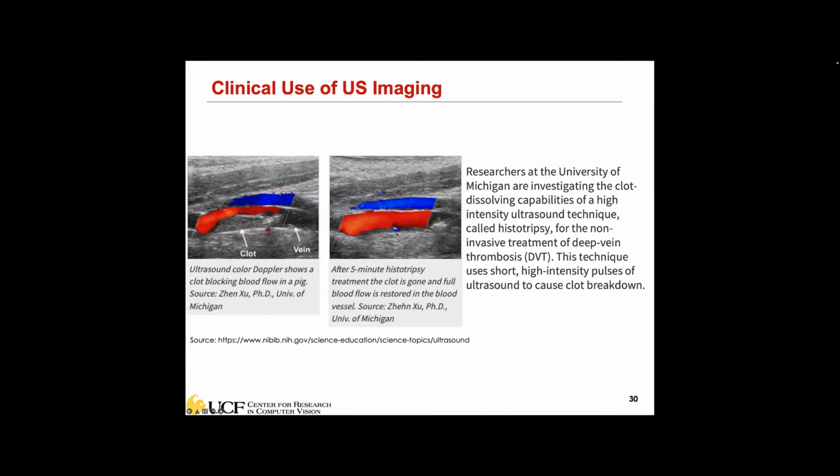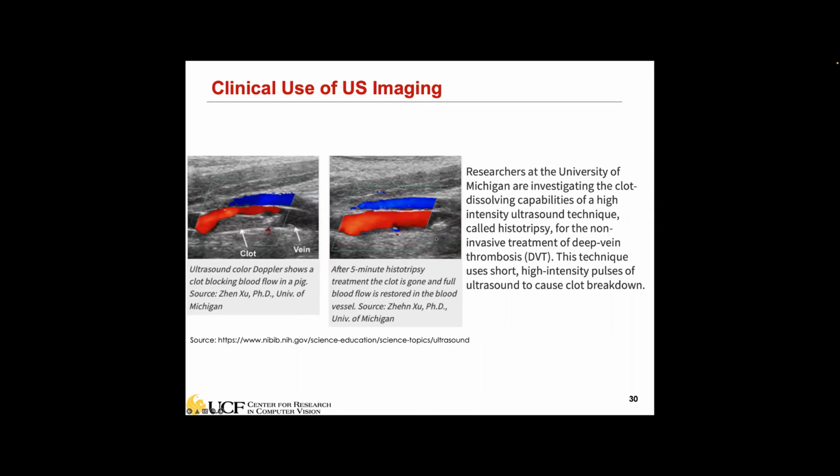These white boundaries are the vein or the blood vessel, and you can see there's some clog here. That's why your blood flow is very restricted.